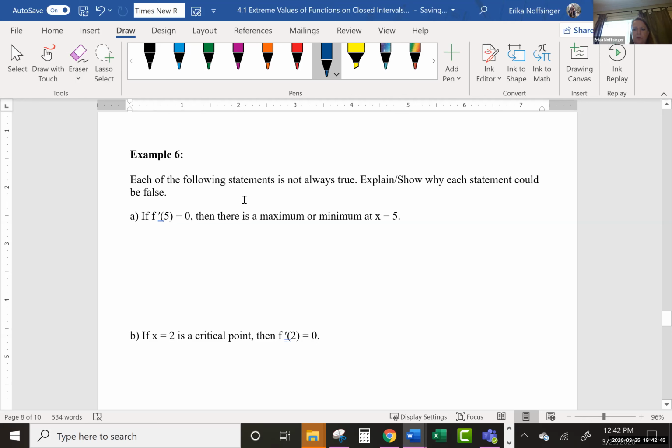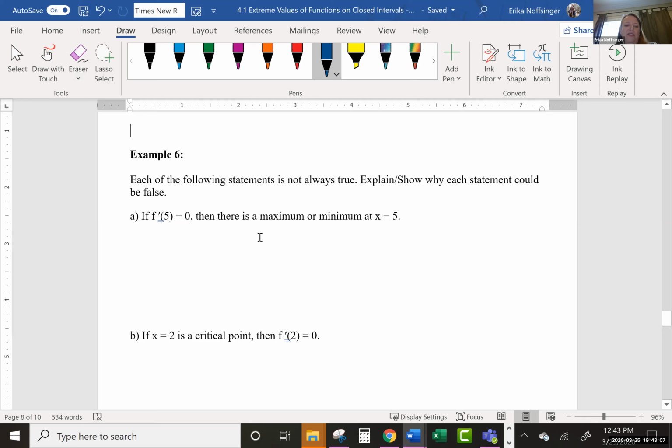This next example, 6. So looking at the following statements, we're going to determine if the statement has to be true or is it false? So we want to explain why each statement could be true or false. Okay, so you're given that the derivative of your function at 5 is equal to 0.